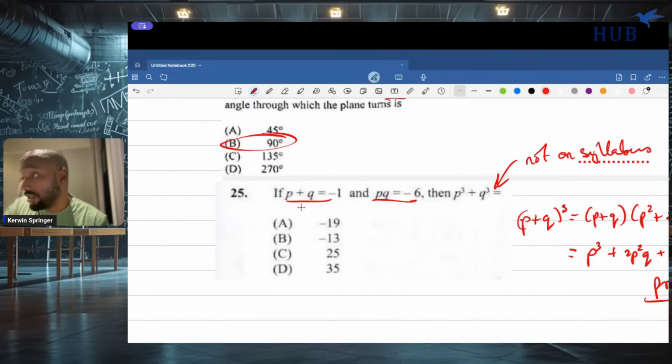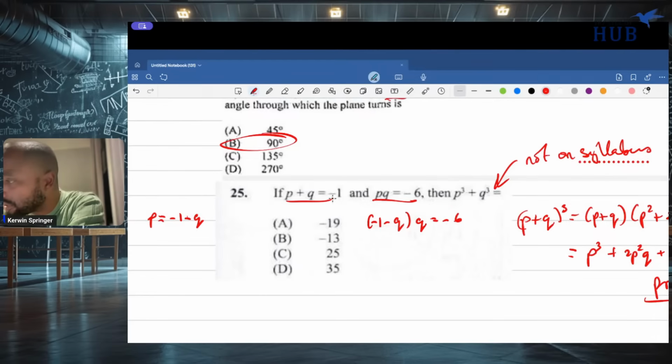So let's say P is equal to -1 minus Q, and you substitute that in. So -1 minus Q by Q is equal to -6. Can't believe it's this they wanted, boy. Just going to get my quadratic.